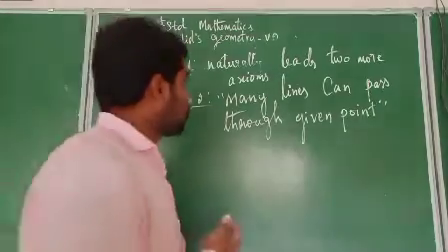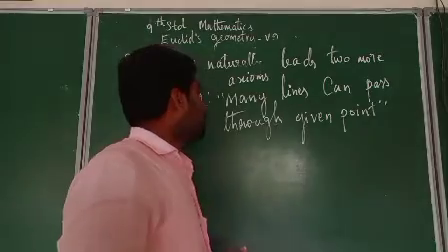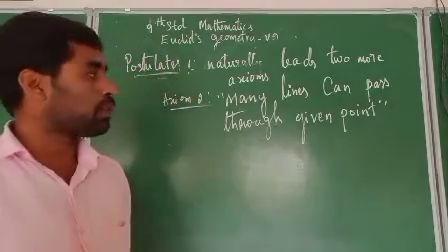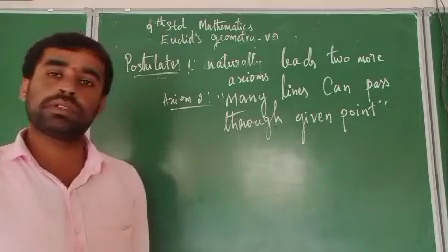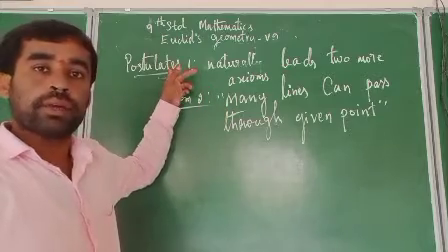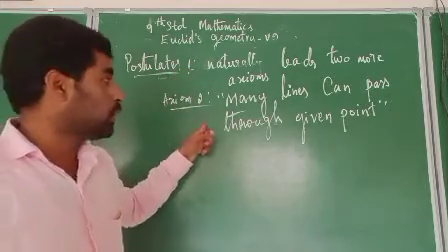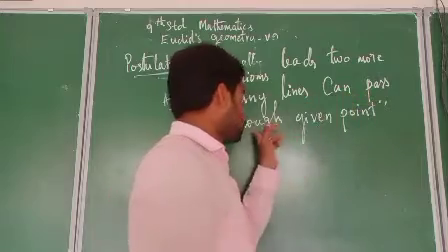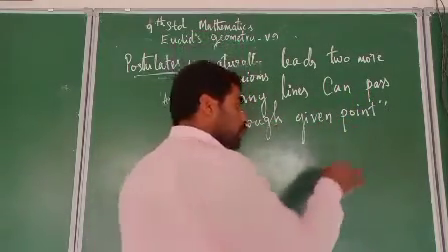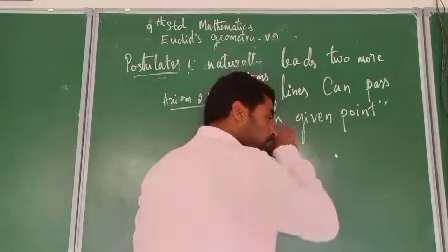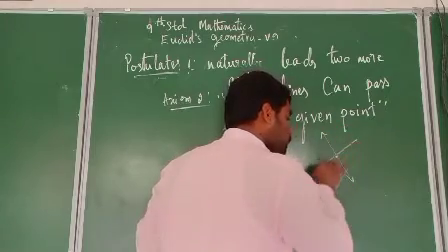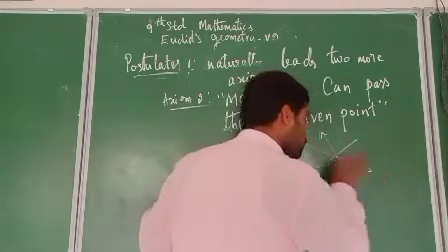Dear students, axiom 2: many lines can pass through a given point. This is the axiom 2. Where did we take this axiom 2 from? Postulate 1. So if we take one point, we can draw many lines through this point.